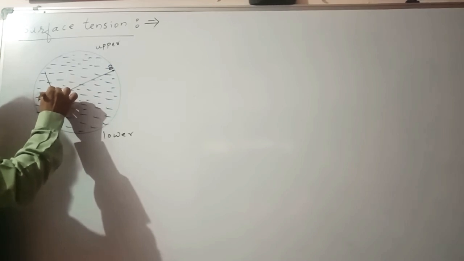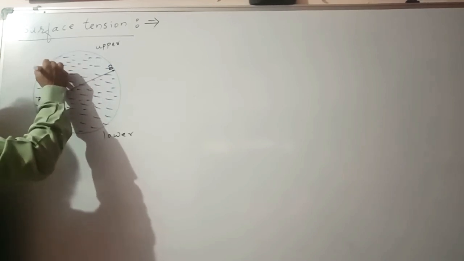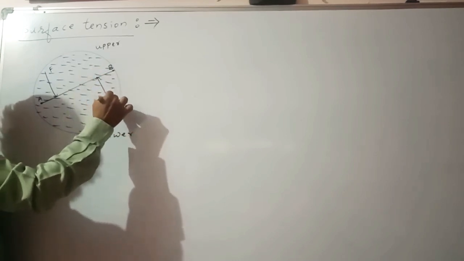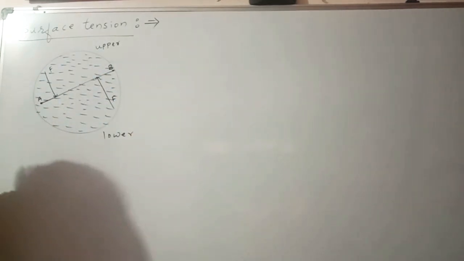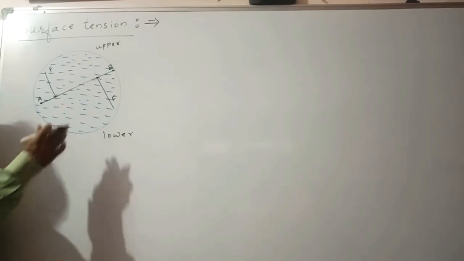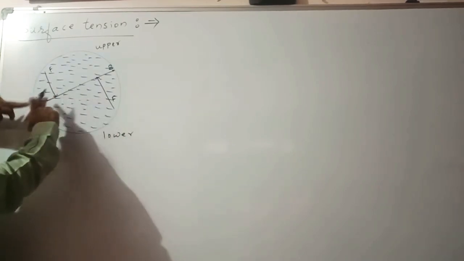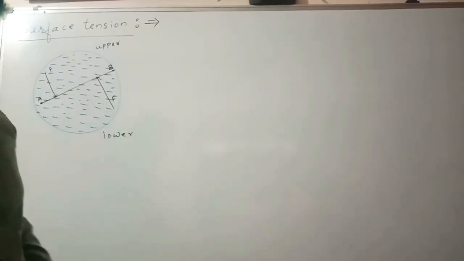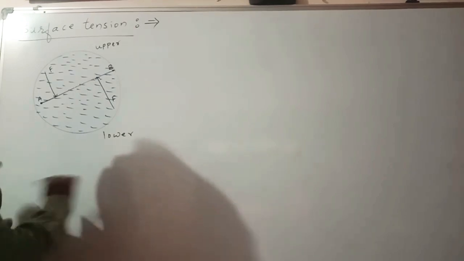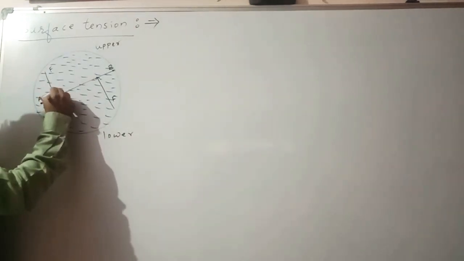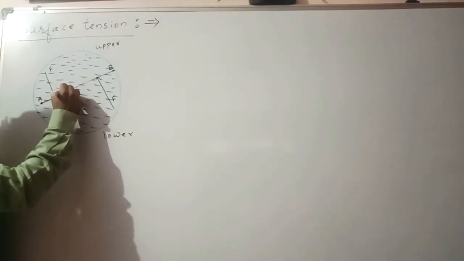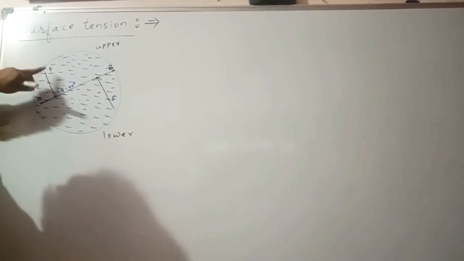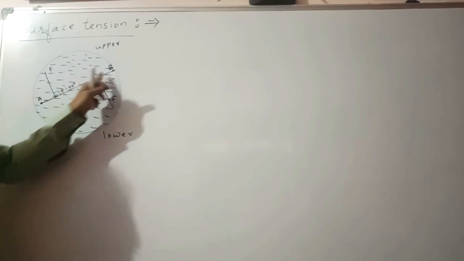This one is the force exerted by the upper part, and this one is the force exerted by the lower part of the surface. Now this force is acting on the line, so the direction of force must be perpendicular to the line. So here the angle becomes 90 degree. That's why the direction of force is perpendicular to the line AB.